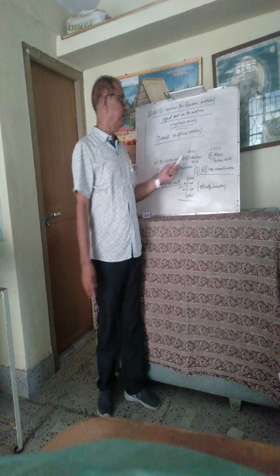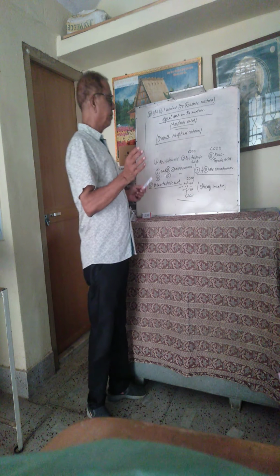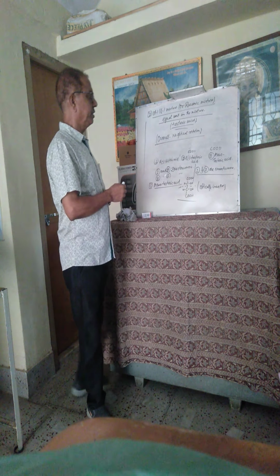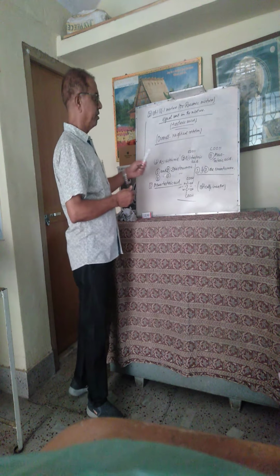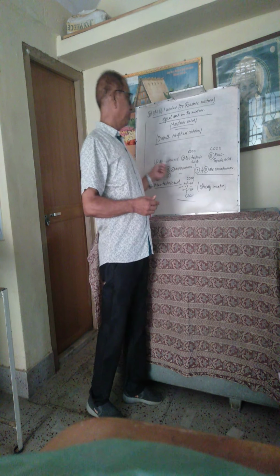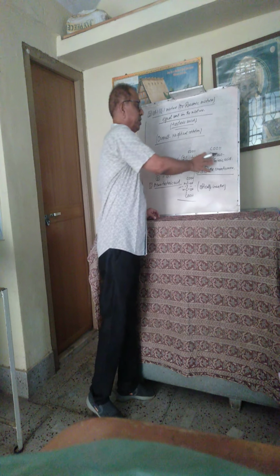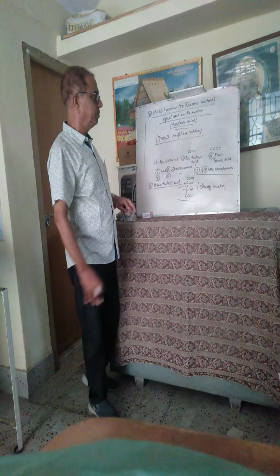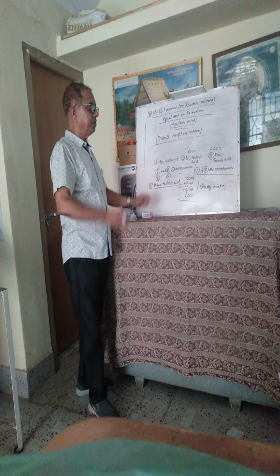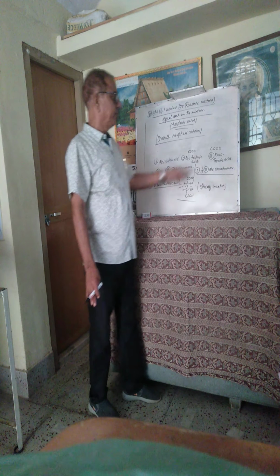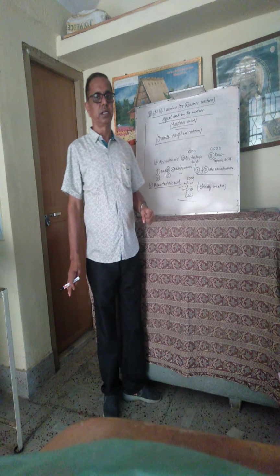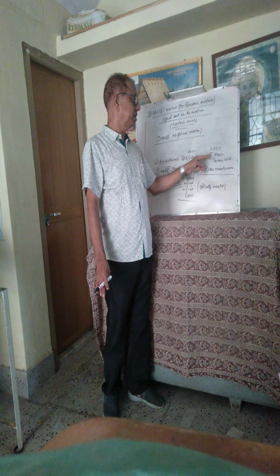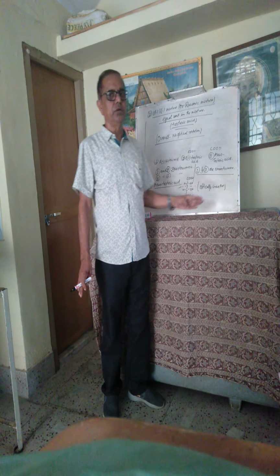While if a compound is not a mirror image of the first or second, that is, mesotartaric acid is not a mirror image of either D or L, such compounds are called what? Meso compounds. It means the third tartaric acid is meso. Why?